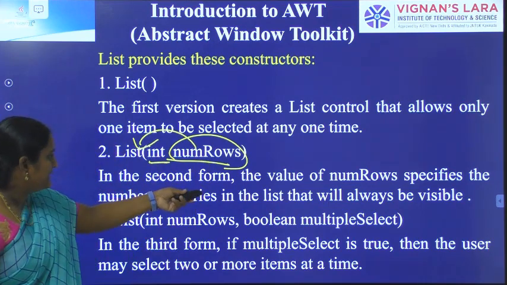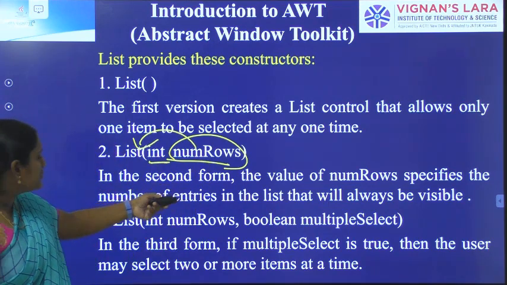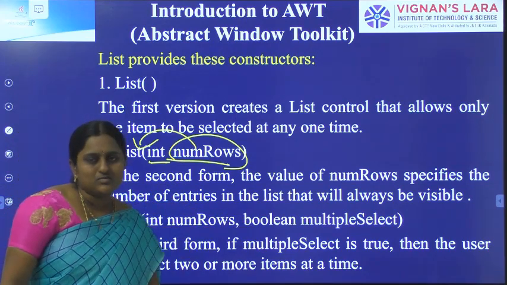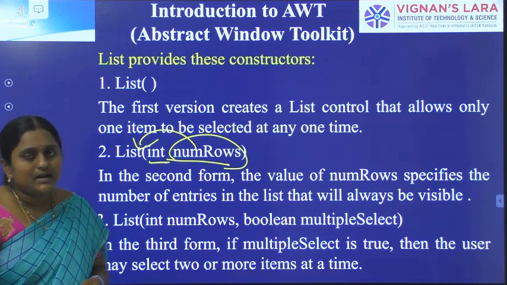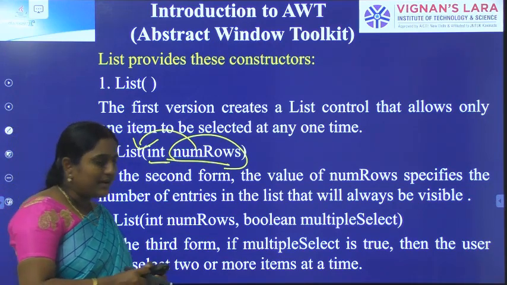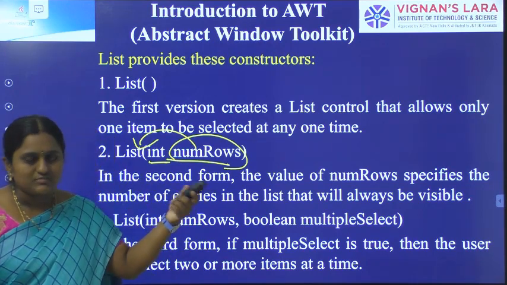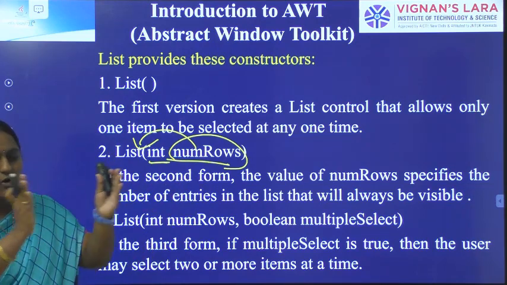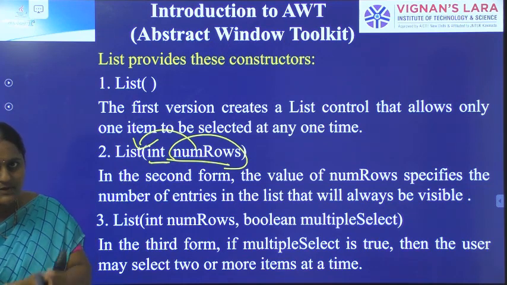In this form, the value numberOfRows specifies the number of entries in the list that will always be visible. Whenever we create an object, we can pass the number of rows in that constructor, and that many items will be displayed on the list.